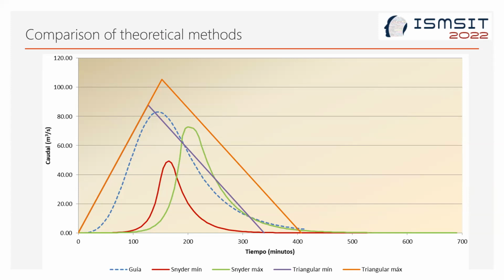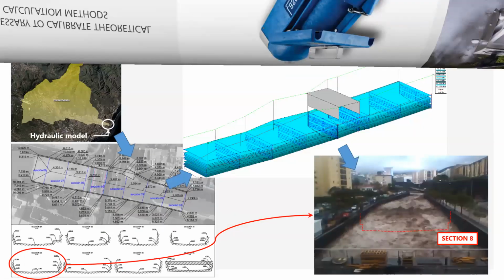Or wouldn't it be more appropriate to make a tailor-made study by watershed, that is, to determine the peak flow and its associated hydrogram in a particular way?